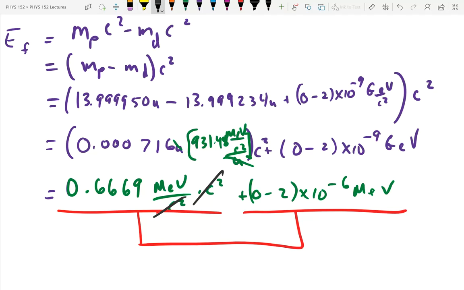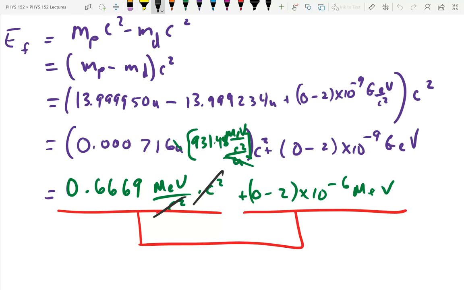How does 0.6669 compare to somewhere between 0 and 2 times 10 to the minus 6? It's much, much bigger, so the 0 to 2 times 10 to the minus 6 is going to be a negligible value.